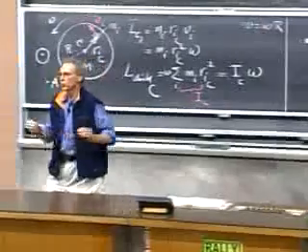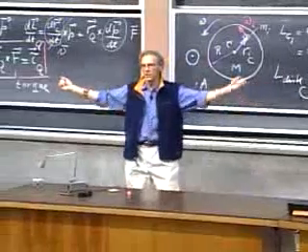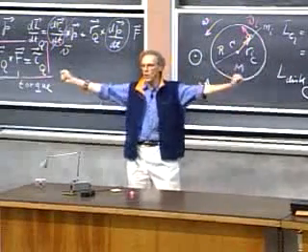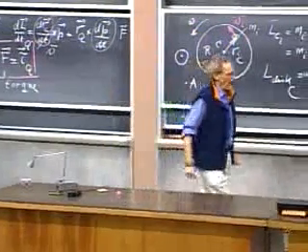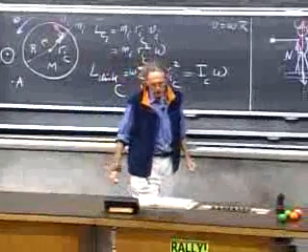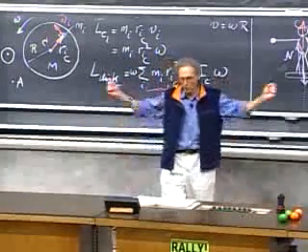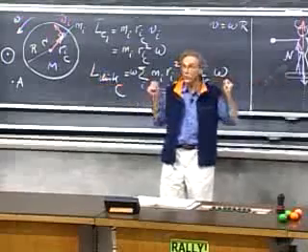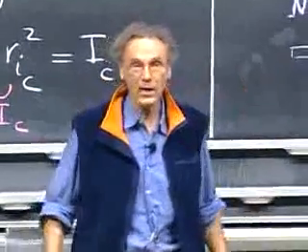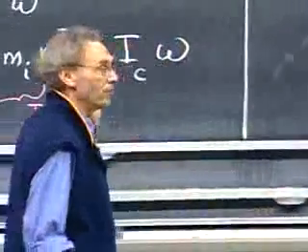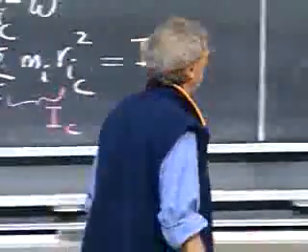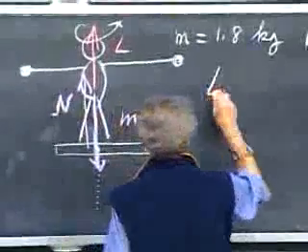Once I have been given a certain rotation, a certain angular velocity, I'm going to pull my arms in and pull my arms out and pull my arms in. And when I do that, that does not cause a net torque on this system. I can keep doing that all the time, and there is no net torque. And so angular momentum, as we have specified for a spinning object, must be conserved, cannot change.